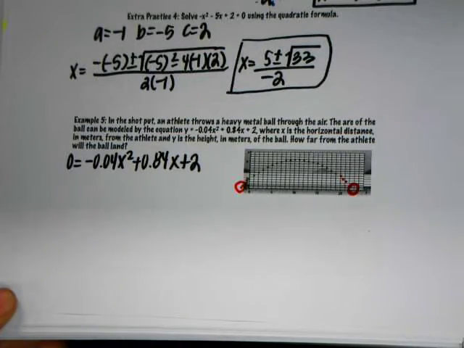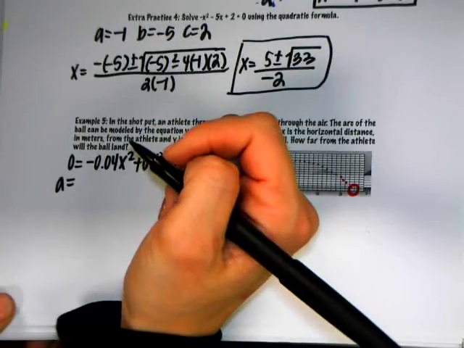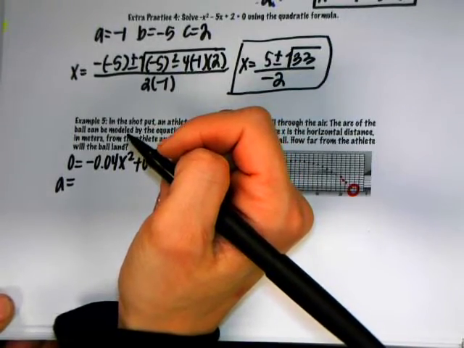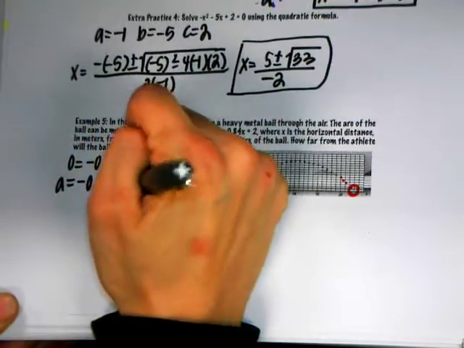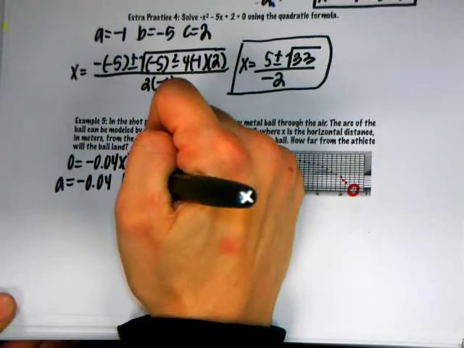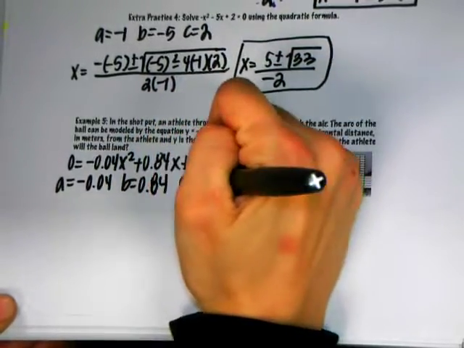And you could technically use any one of your methods on this, but the quadratic formula is the only one that works. So what is A? -0.04. What's B? Yep. And C. 2.